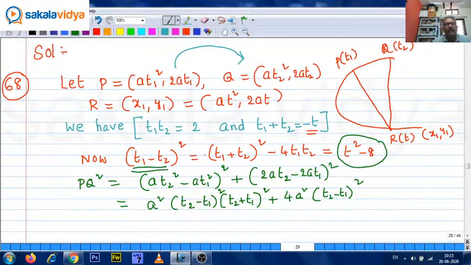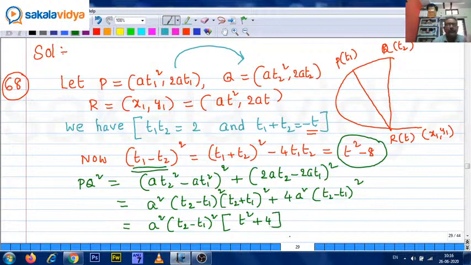So now t1 plus t2 is equal to how much? Minus t. Here we can substitute minus t. This is a square common, a square of t2 minus t1 whole square common, t1 plus t2 equals minus t, t square, okay, plus 4.